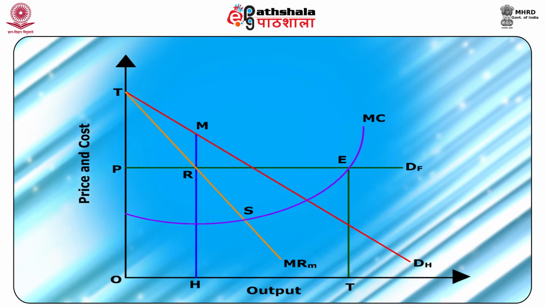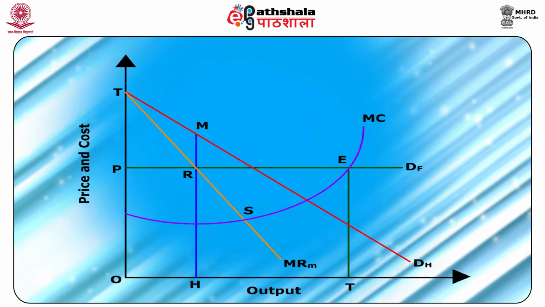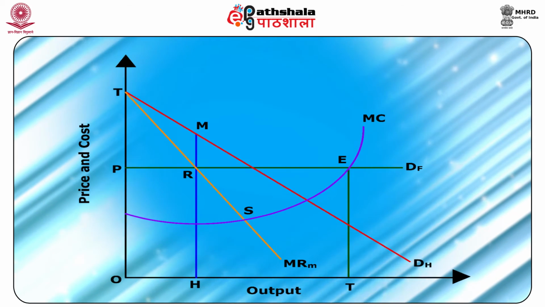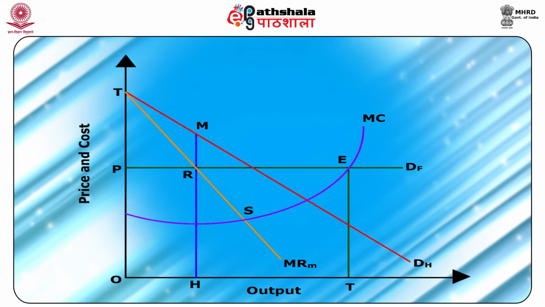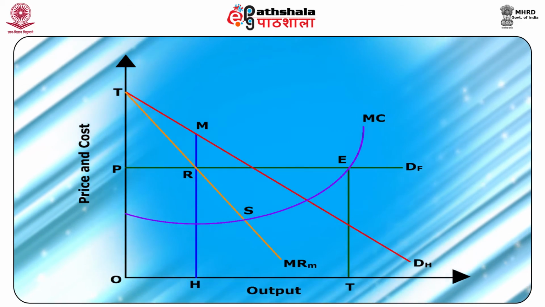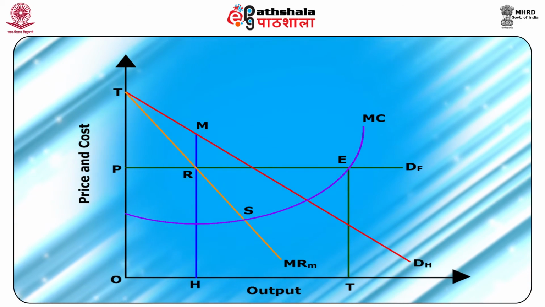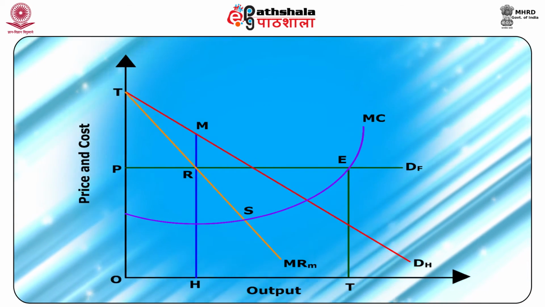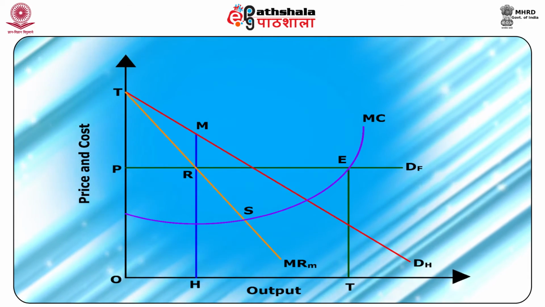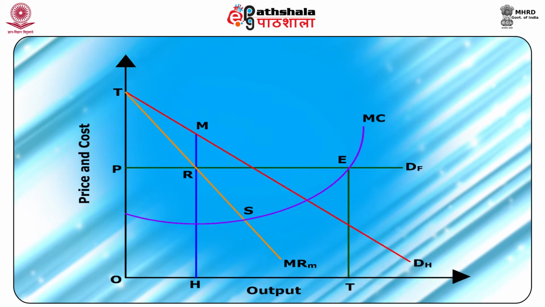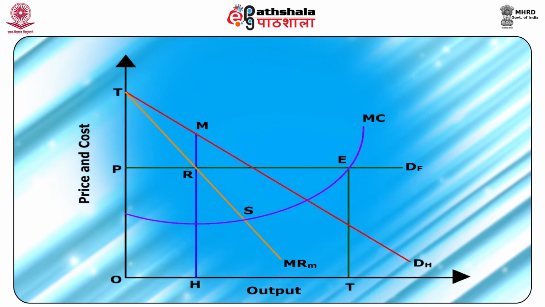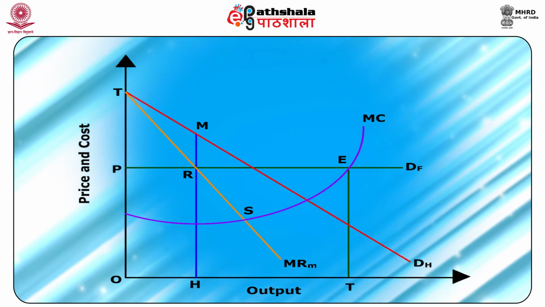The demand curve in the home market is less elastic and it is downward sloping, and this is the curve DH, and its corresponding marginal revenue curve is MRH. The lateral summation of MRH and PDF curves leads to the formation of TREDF as the combined marginal revenue curve. As you can see, this is the combined marginal revenue curve.